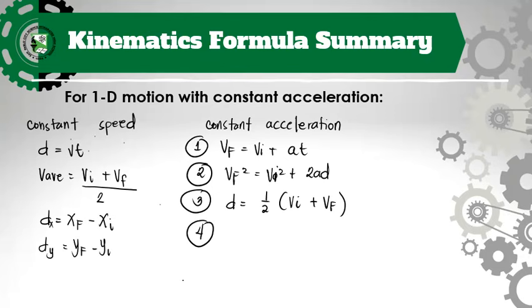For displacement with respect to velocity and acceleration, we use the equation D is equal to V naught T, or VIT, plus 1/2 AT squared.